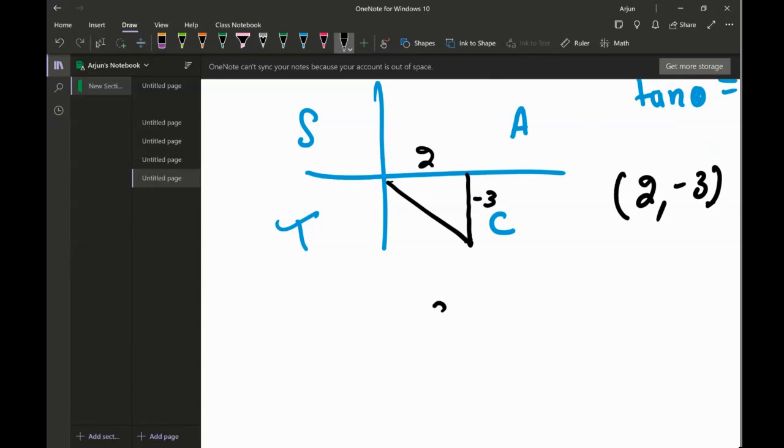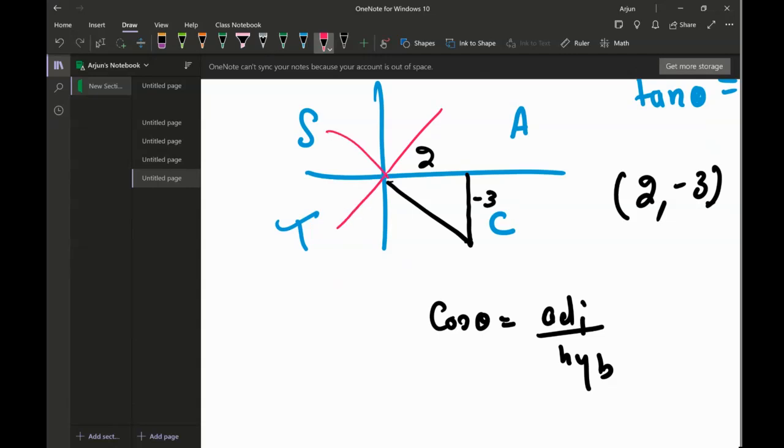So I can clearly see, if I find the cosine theta value, it is adjacent upon hypotenuse. The hypotenuse value, irrespective of whether you are in the first, second or third quadrant, will always be positive because you are finding it with the help of the Pythagorean theorem. So the hypotenuse, if I call it the r value, will be the square root of (negative 3) square plus 2 square. That is going to come out to be square root of 13, because negative 3 square is positive.